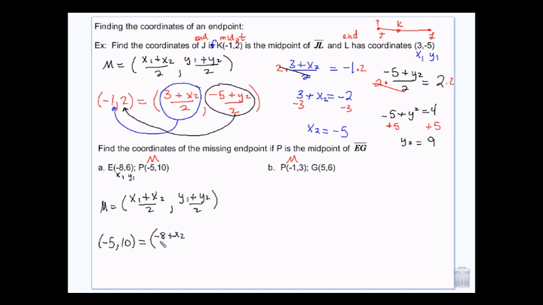I don't know x2. y1 is 6. I don't know y2. So I set this equal to negative 5, and I set this equal to 10.